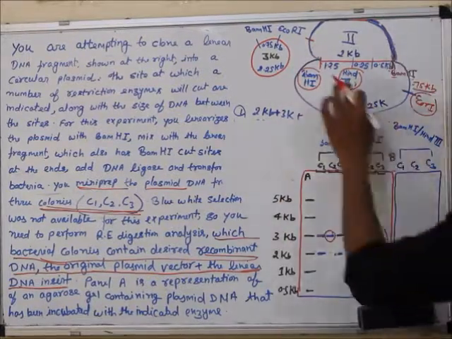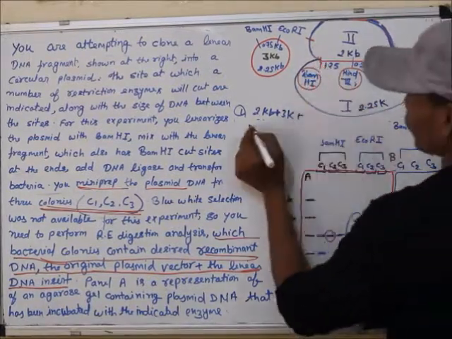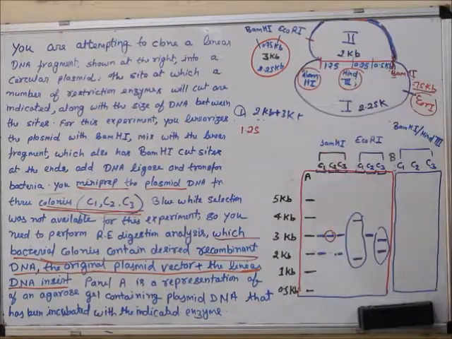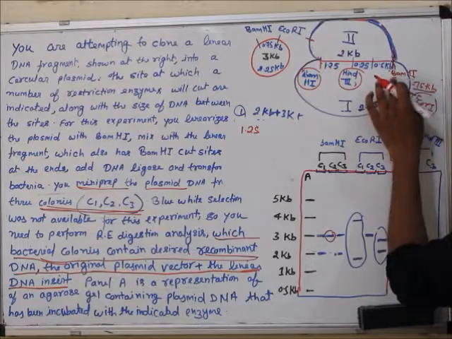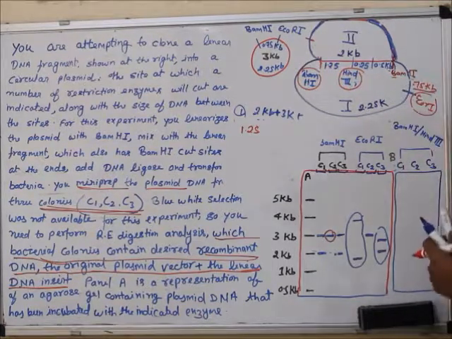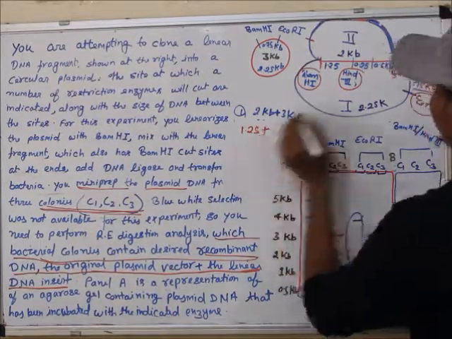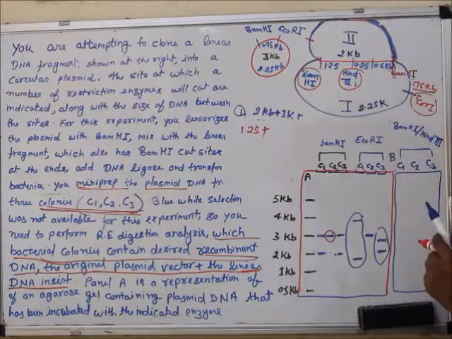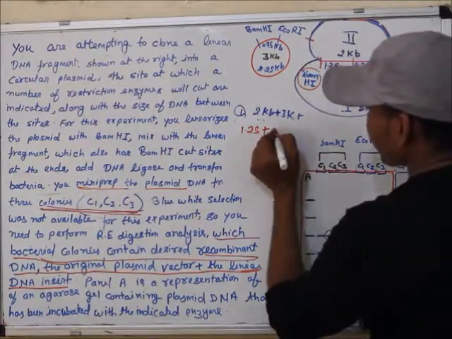Both act, then the fragment will be 1.25 kb. Okay. And BamHI, there is also here BamHI first. So the fragment will be 0.25 kb plus 0.5 kb equal to 0.75 kb.